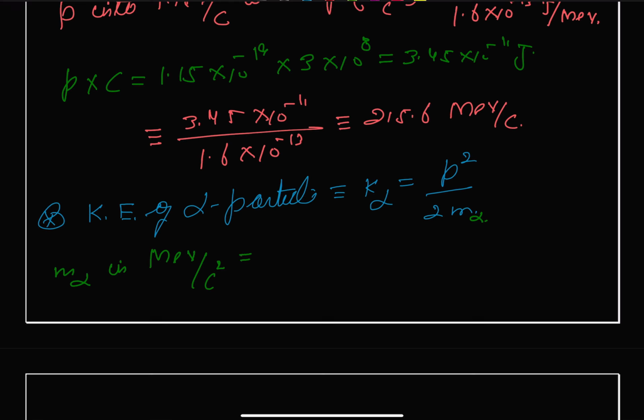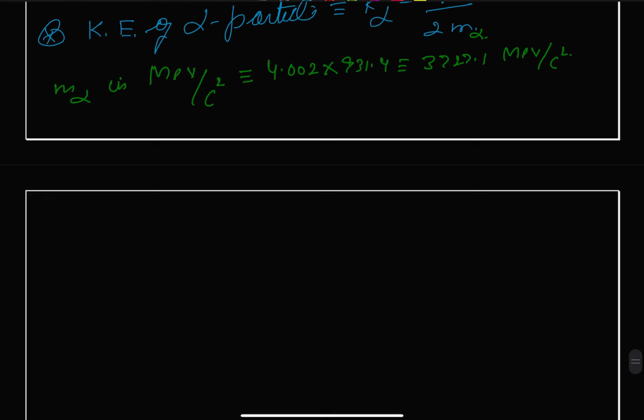So this gives us 4.002 multiplied by 931.4, which will be equal to 3727.1 mega electron volt per C square.